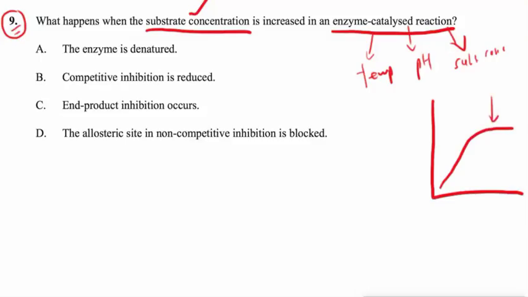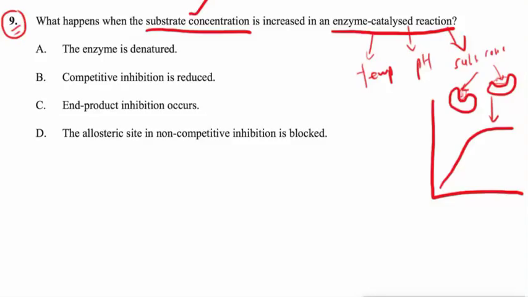And the explanation for that is because the active sites are being filled up. The more and more substrate there is, the less enzymes and active sites there are available to actually break down the substrate into their products. So that's my prediction here when I read this.